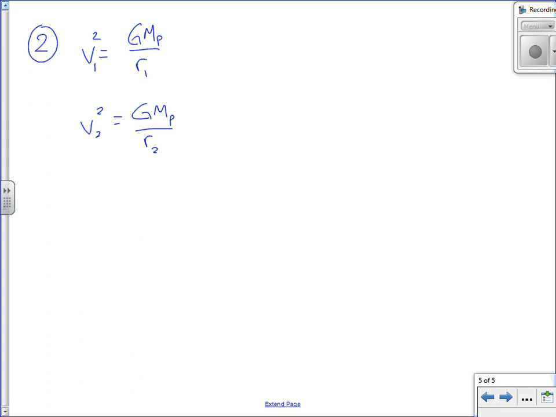Well, here's what we figured out in block 1. This is the same no matter what. So that means that V1 squared R1 is V2 squared R2. So therefore, we're looking for the distance from satellite B, so that's R2, is R1 times V1 squared over V2 squared. There's your answer. That would be D, correct? D. Nice, now we're rolling.